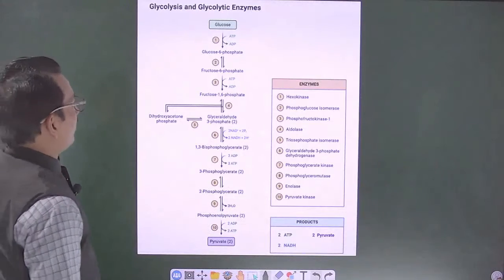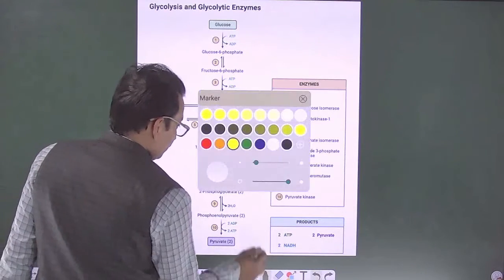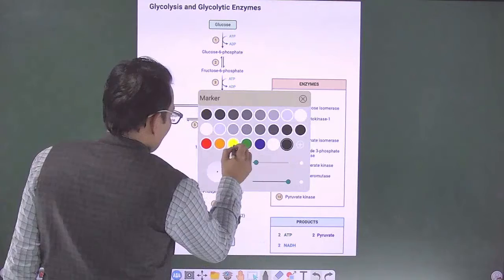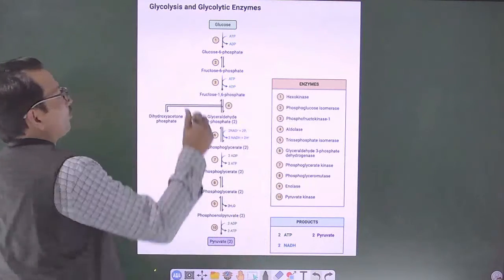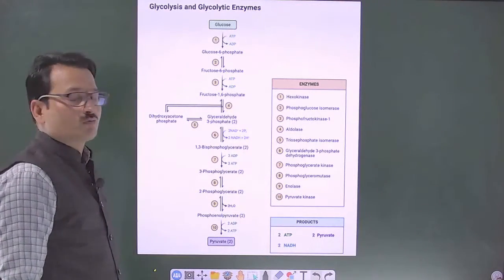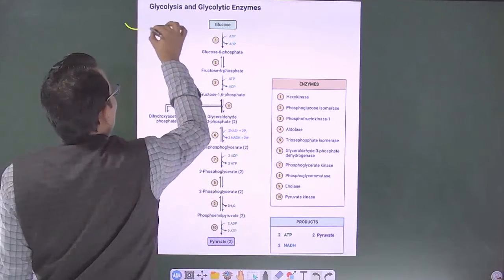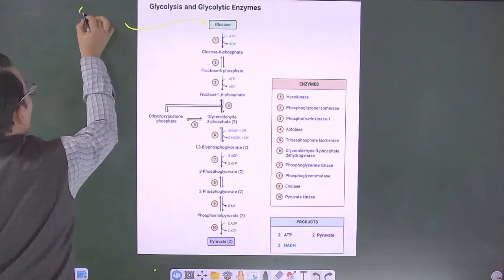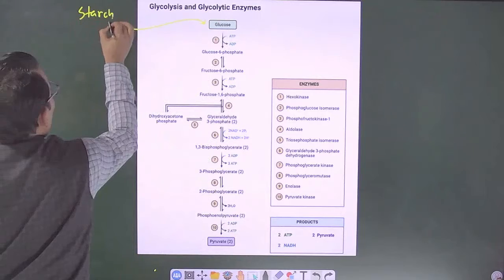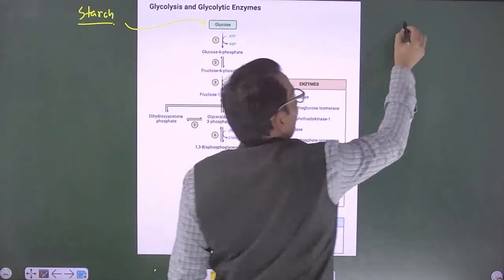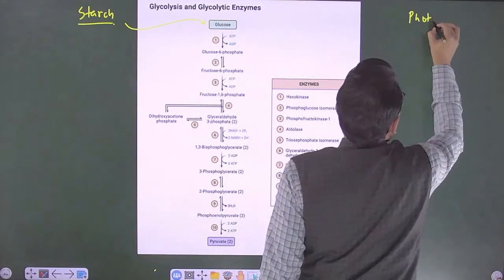As I have already told you, this glucose can be obtained in plants from two sources. First is from starch and second is from photosynthesis.